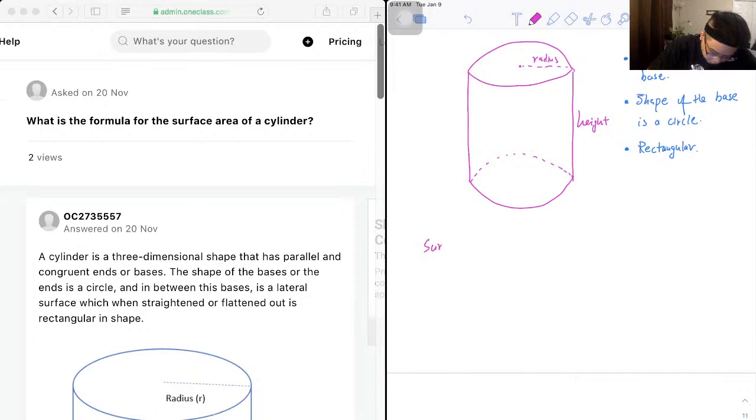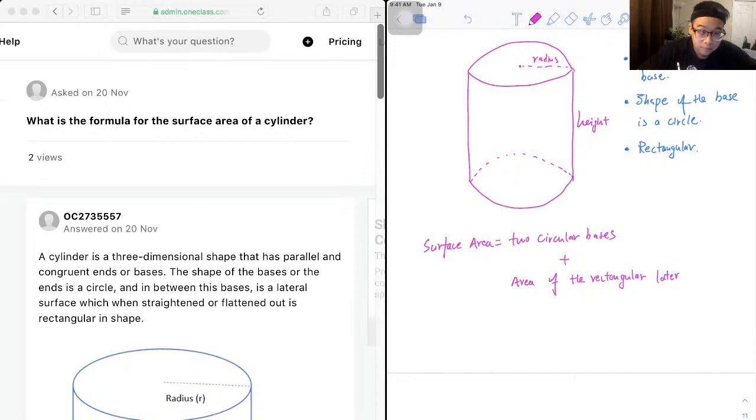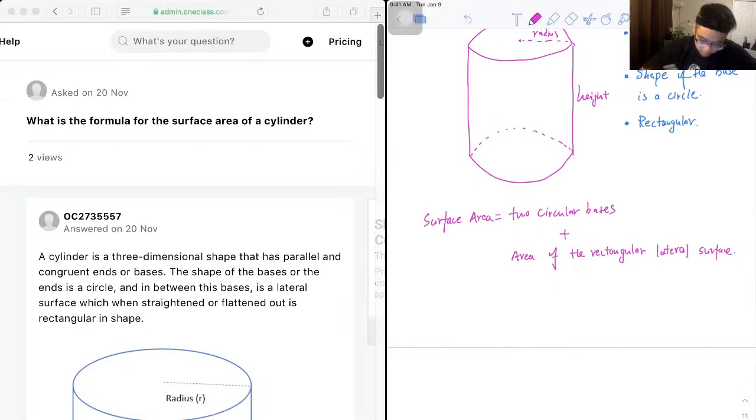So surface area is equal to two circular bases plus the area of the rectangular lateral surface in between the bases.